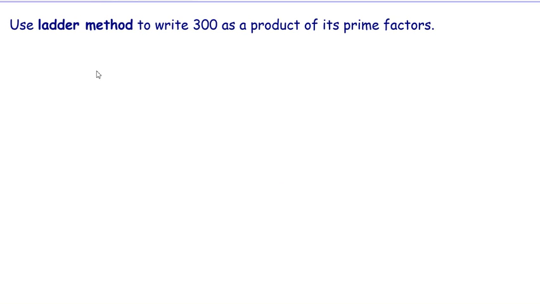Now, you can use the ladder method to write 300 as a product of its prime factors. This is just an alternative method to the factor tree. So I'll show you how it works. You start by drawing the ladder.